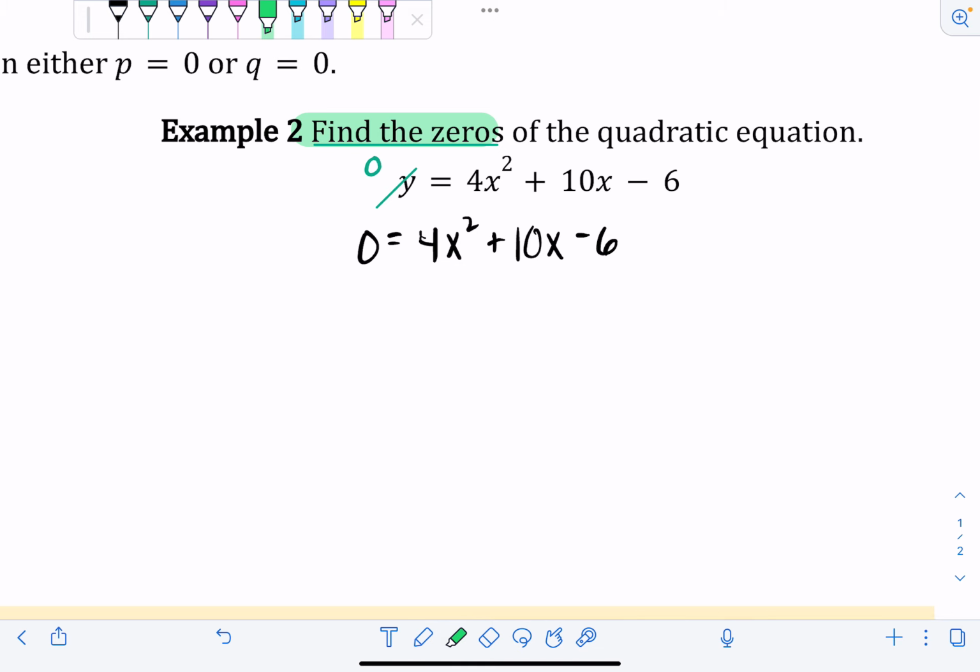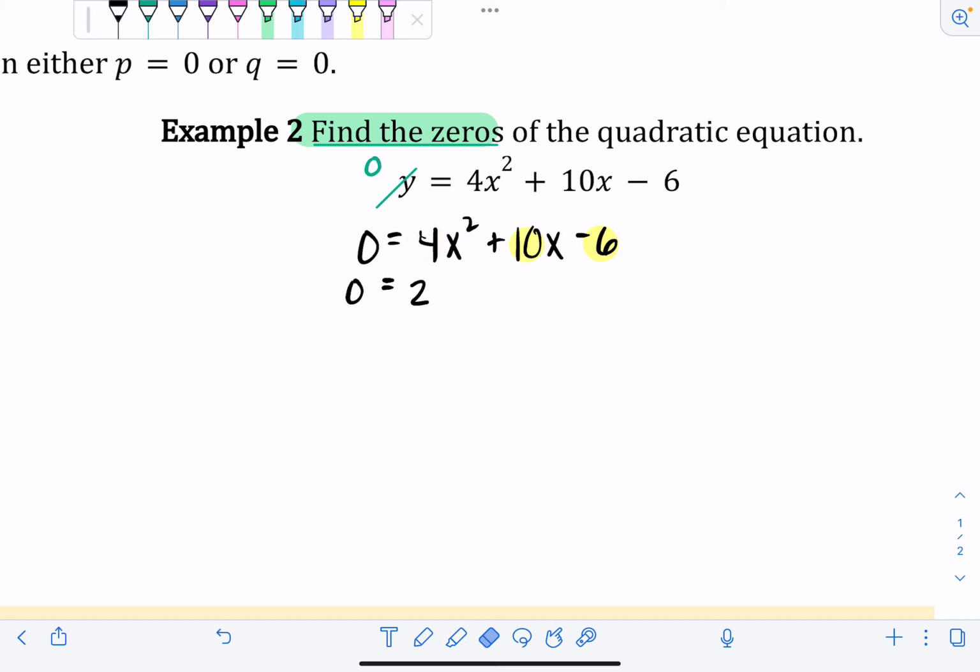Okay, so when we factor, the first thing we do is we always check for GCF, greatest common factor. So between 4, 10, and 6, they all have a common factor of 2. So I can factor out a 2. The first two terms have an x, but the 6 does not, so I can't factor out an x.